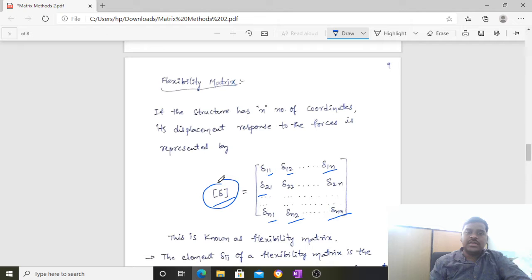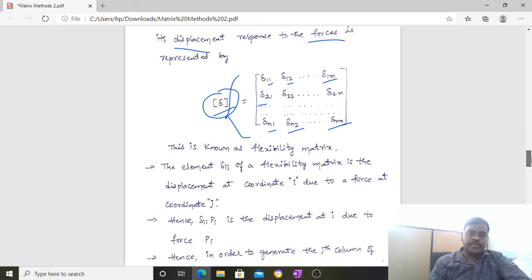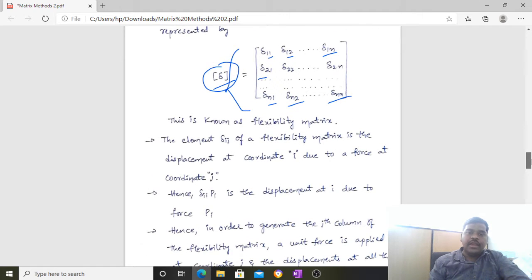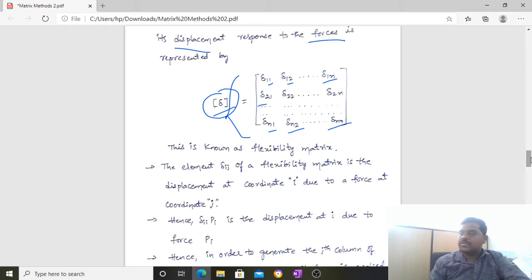This delta represents the displacement response to the forces. So due to force, there will be a displacement, and that is shown in the form of a matrix in flexibility method, that is flexibility matrix. So the element delta ij of a flexibility matrix is the displacement at coordinate i due to force at coordinate j.